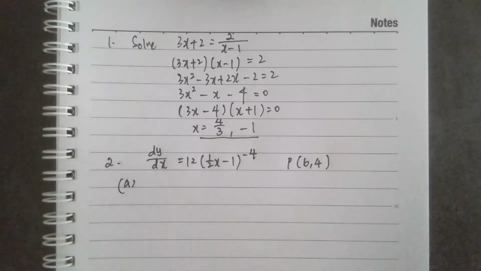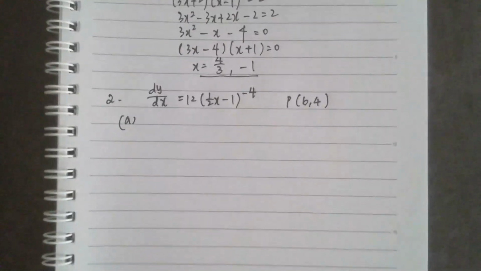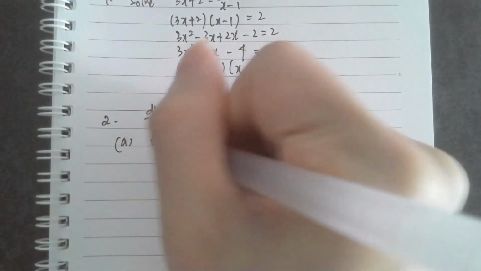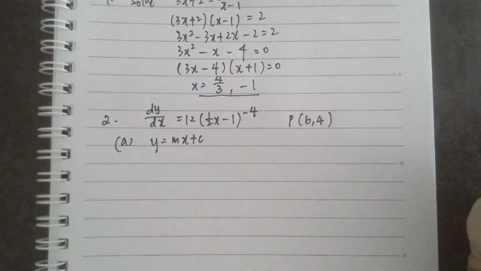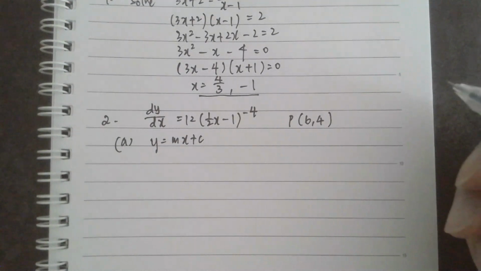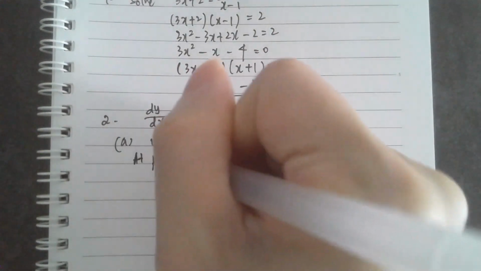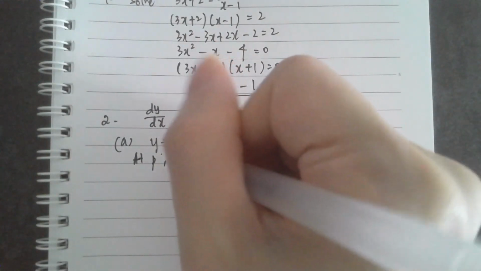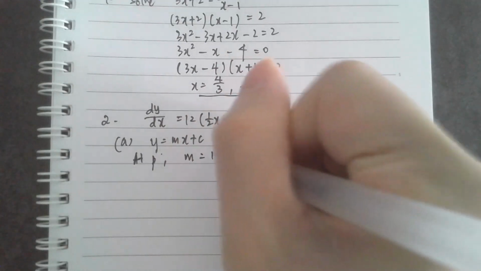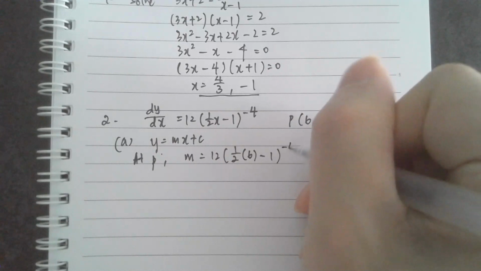To find the equation of a tangent to the curve, the first thing to know is that the tangent is linear and has the equation y = mx + c. So we need to find the gradient of the tangent by using dy/dx at point P. At point P, (6, 4), you can substitute x = 6 into dy/dx, which gives you m, which is 12(½ × 6 − 1)^-4.